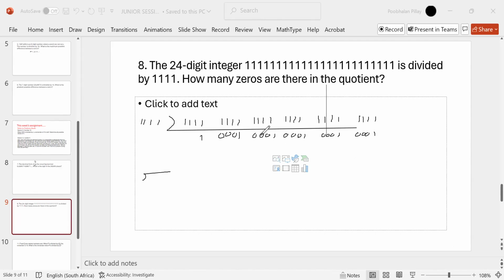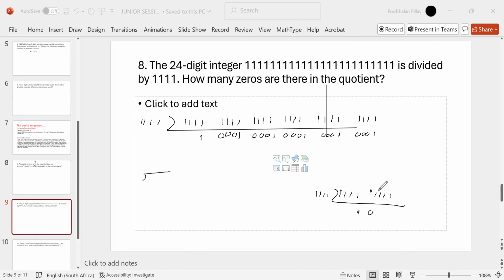Okay, if you don't understand that, you can try something else. Like you could have tried just this. Suppose you got only 2 of them. So this goes into this one time. The remainder is 0, right? So you got 0, 1 here. 1011 goes into the 0 times.